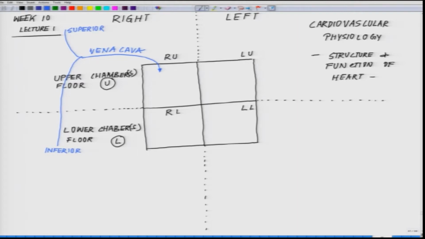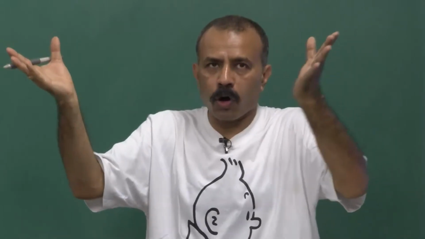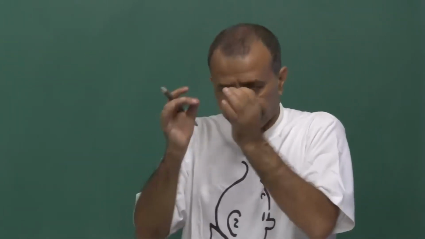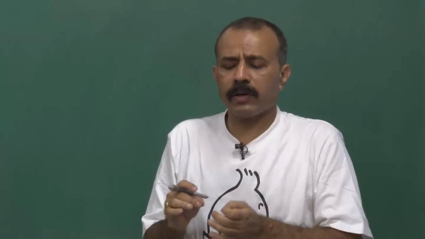Fine. And mind it, I told you that this is a closed loop system. So from the superior, you are getting all the blood which is flowing into the brain and all other places. They are all getting accumulated and coming through the superior vena cava to the right upper chamber.